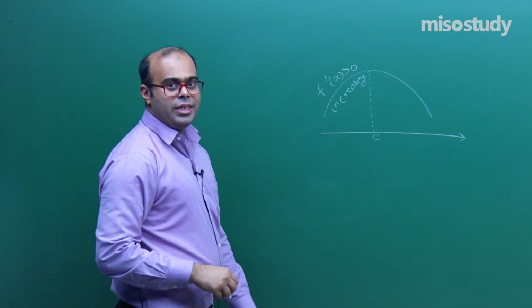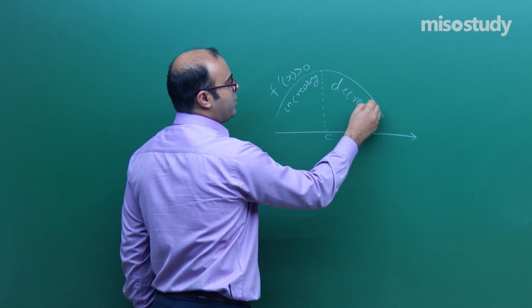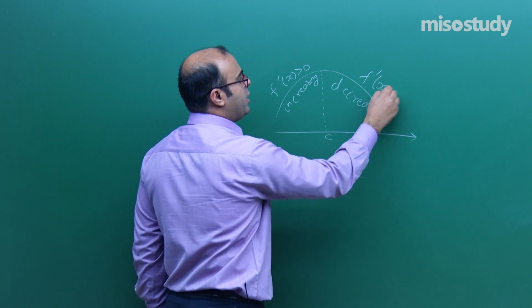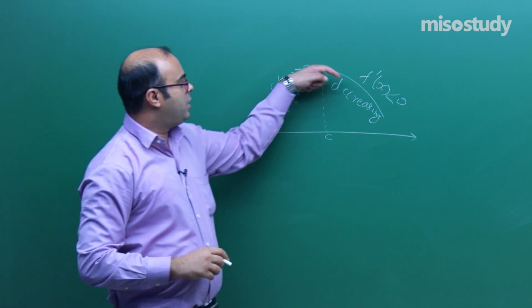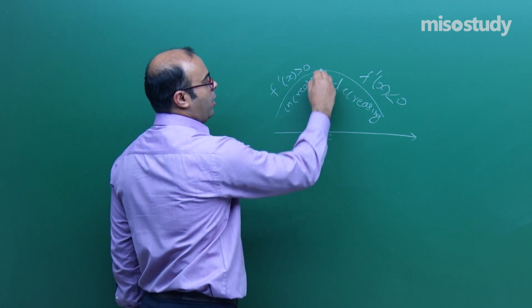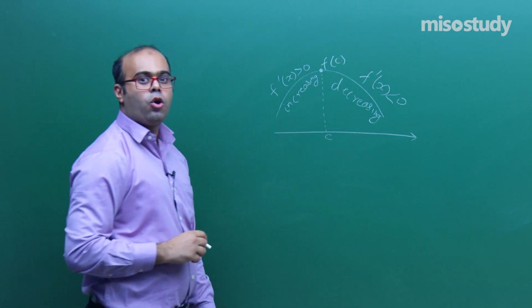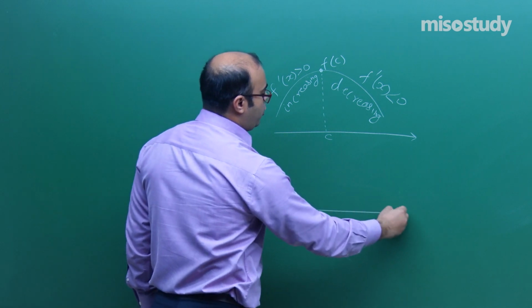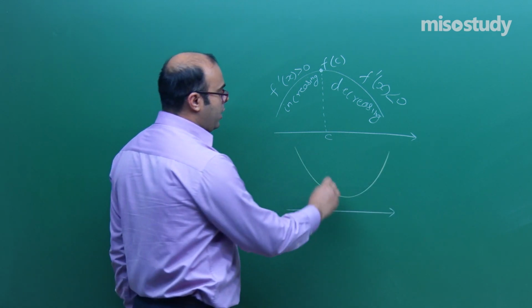After point c, the graph is decreasing, and we know that if the graph is decreasing and the function is differentiable, then f dash x is negative, as we studied in increasing decreasing. So, this is an increasing then decreasing graph. This point c is the point of maxima, and the value f of c is the maximum value, or we say local maximum value.